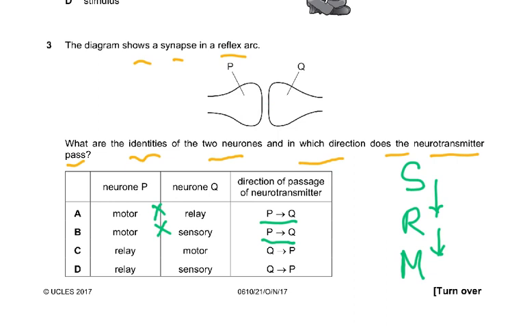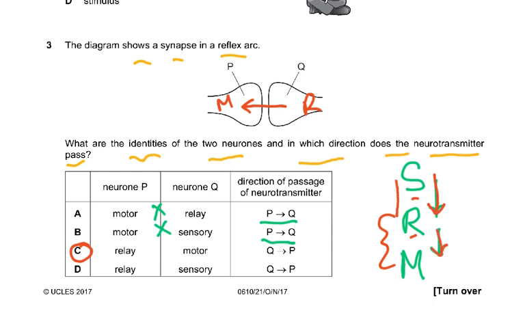Now let's draw it, do this rough work on the paper. So it's between Q and P. Direction is like this. Can this be relay and this be motor? Yes, it can be relay and motor. But it cannot be relay and sensory. So that is why the answer is C. I just revised it with you, and I hope it is clear that the synapse can only be between sensory and relay, and relay and motor.